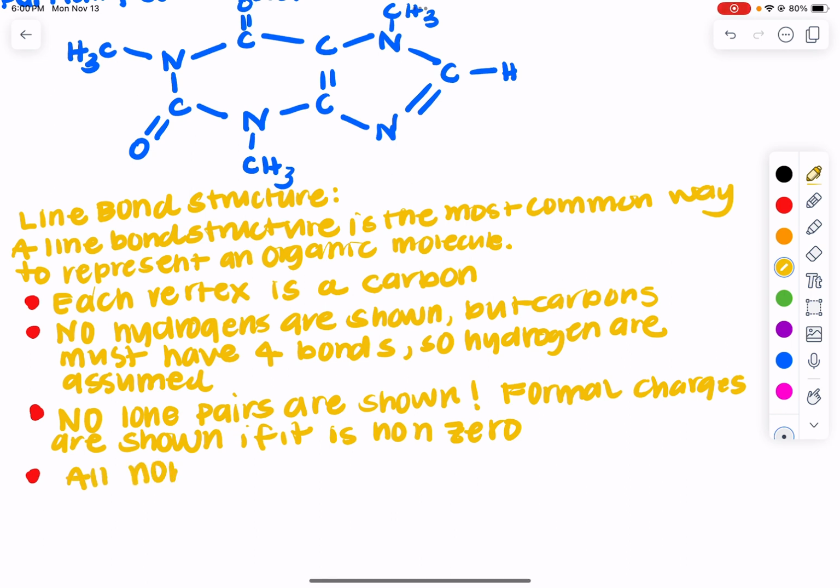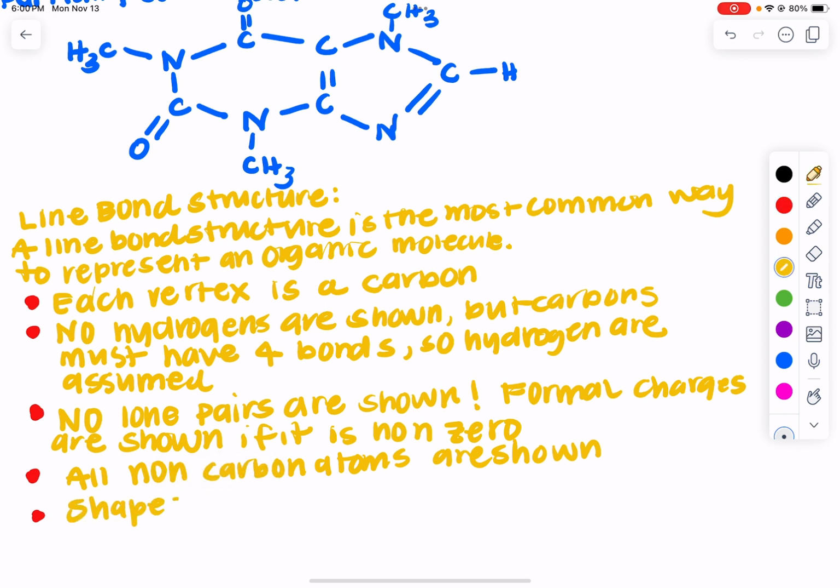All non-carbon atoms are shown. And lastly, shapes are similar to VSEPR.